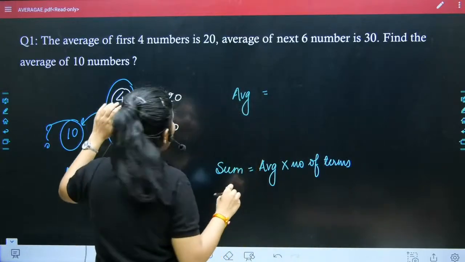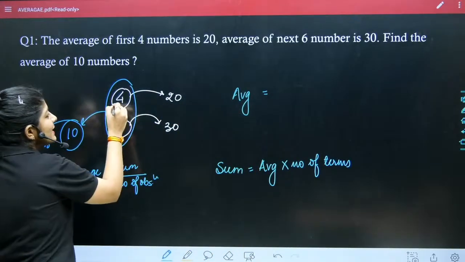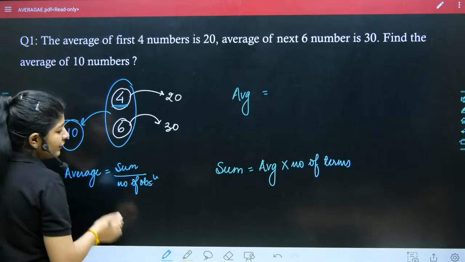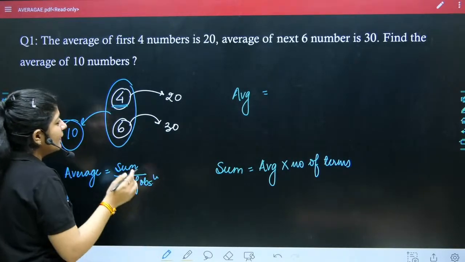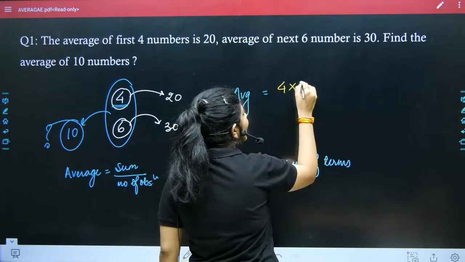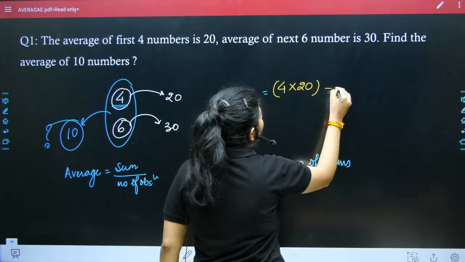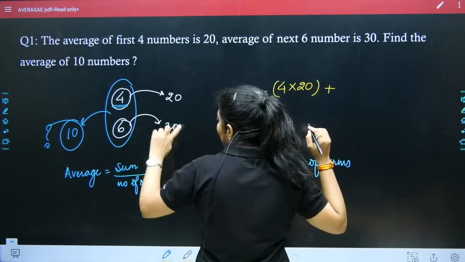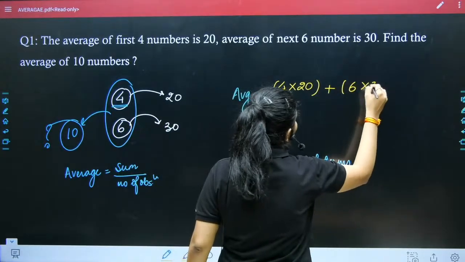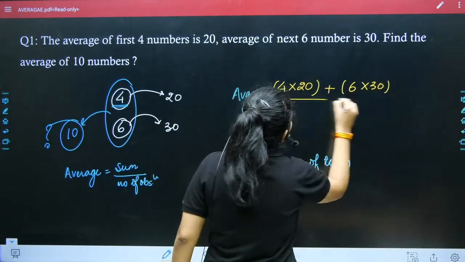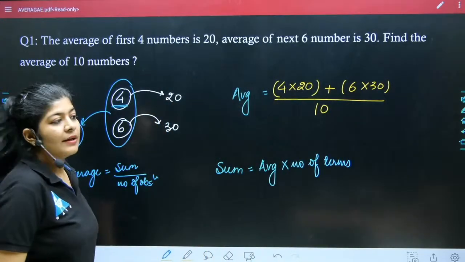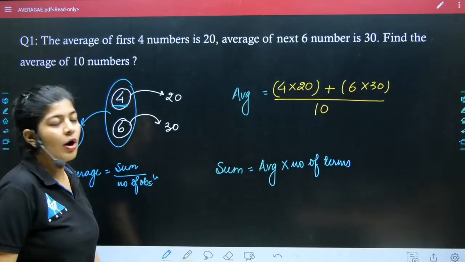So for the sum of the first 4 numbers, I simply multiply 4 by 20. For the sum of the next 6 numbers, I multiply 6 by 30. And here I have a total of 10 observations.